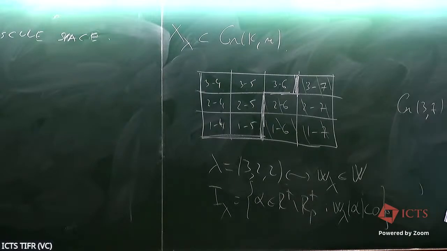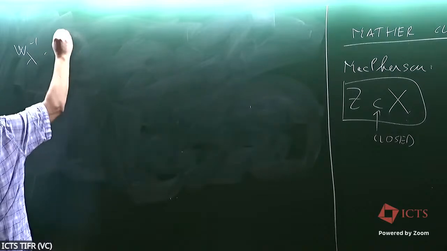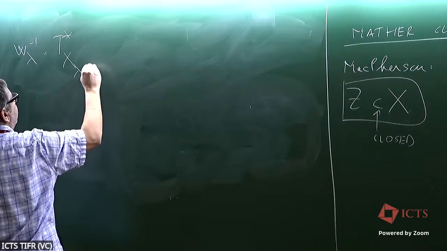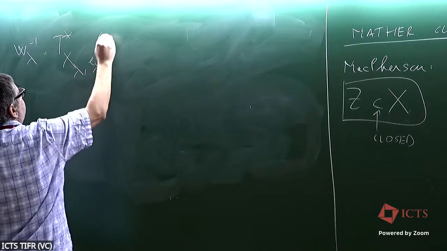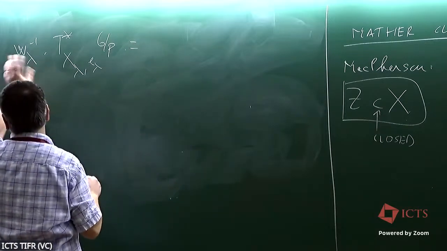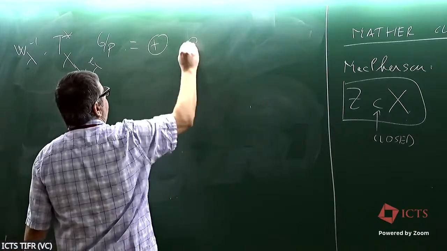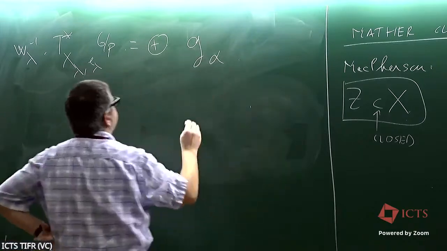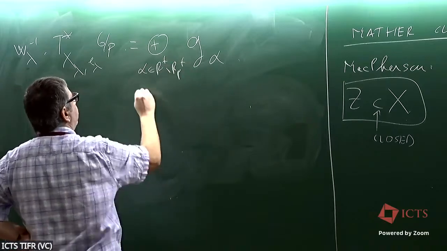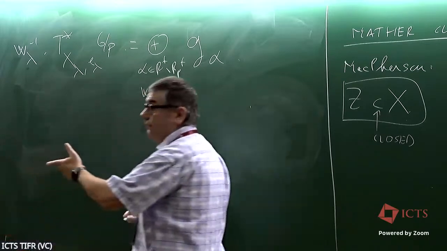So technically what you're writing is w_lambda inverse of, so this is the conormal space of X_lambda at the point e_lambda inside G/P. And then you want to translate everything to the origin. So this is going to be just the sum of some positive roots which are not in the inversion set.